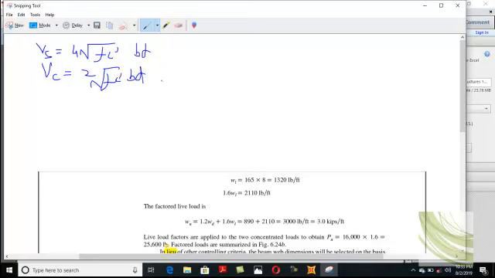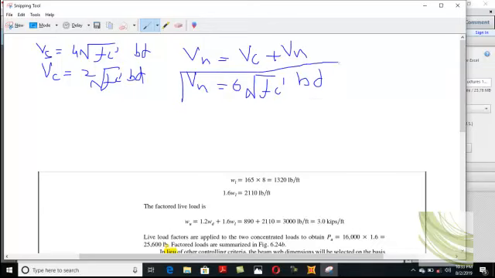Your Vc, that is the shear capacity of your concrete, is taken like this. Your nominal shear capacity Vn equals Vc plus Vs. If you add these two, your nominal shear comes out to be 6 into square root of Fc prime Bw d. This is your nominal shear capacity. Clear?